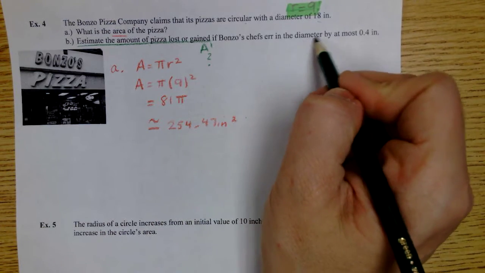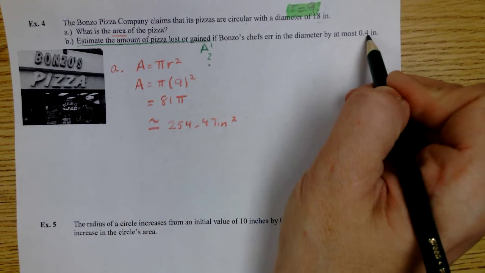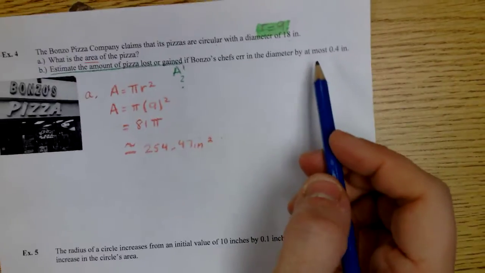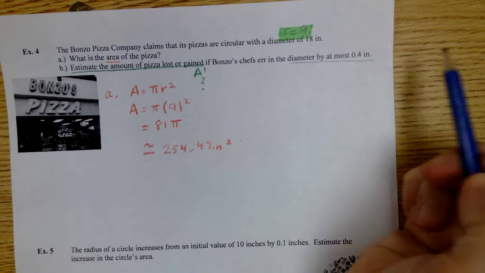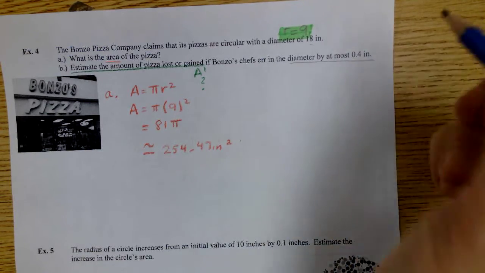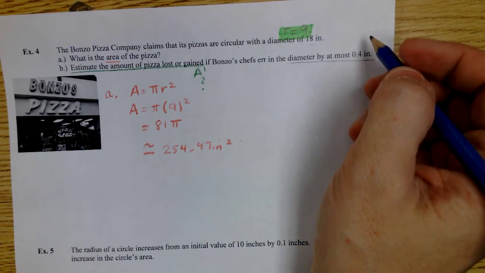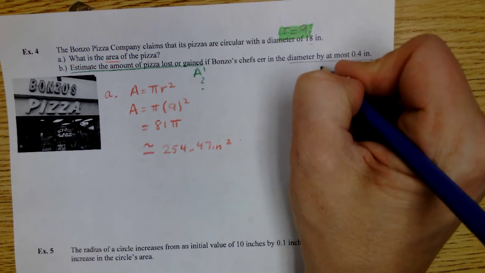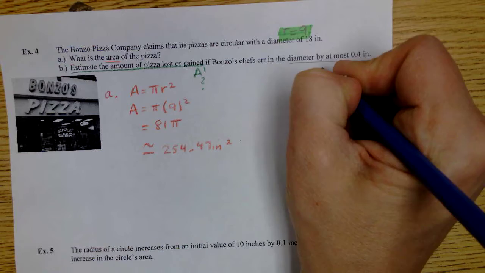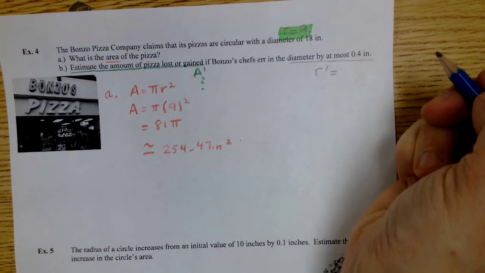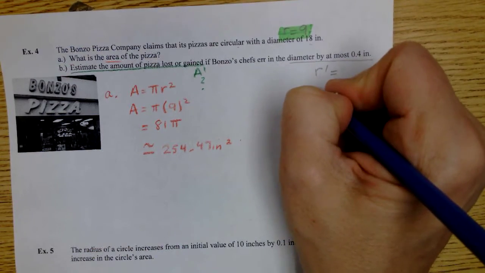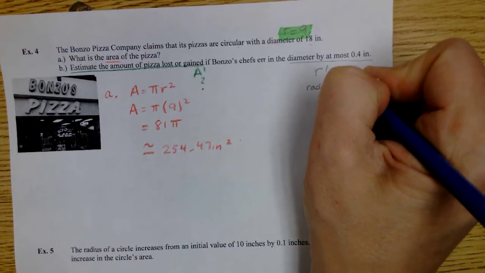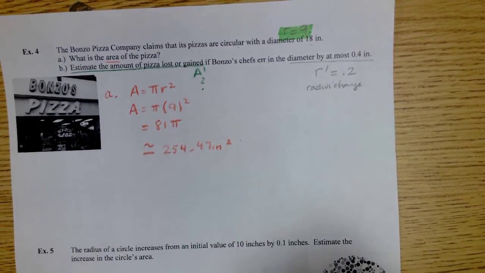If the diameter of the pizza changes by 0.4, then we need to also remember that the derivative for area is going to involve r and r prime. So in this case, my r prime, how much the radius is changing, isn't 0.4, it's 0.2.